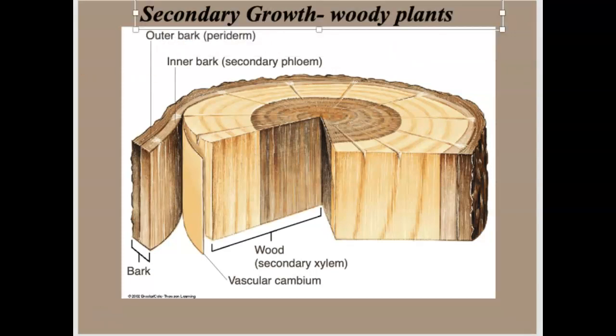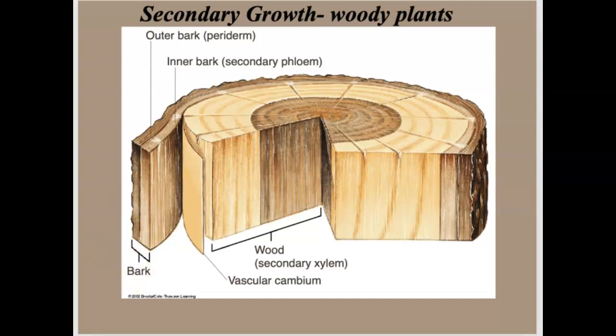If you have a little piece of twig and you can peel back the bark layer, you have this outer bark layer. Again, this is all dead tissue. Then you have an inner bark layer. Then you get into the living tissue. This is the vascular cambium. And then you get into the wood part of the tree, which is known as the secondary xylem. So you've got your xylem and phloem here, and then your epidermal or dermal tissue here as the bark.